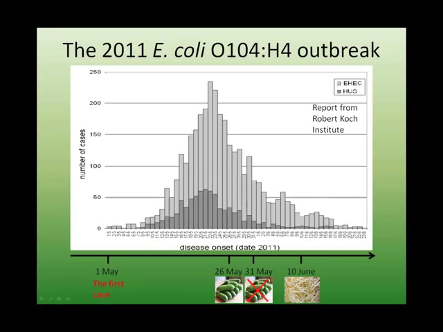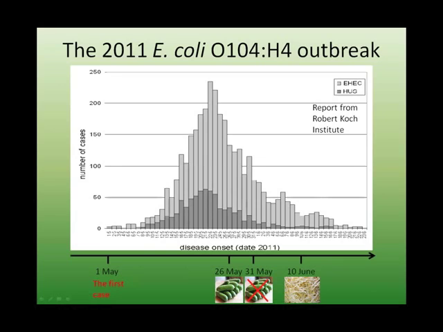The light gray bar indicates how many infected cases were reported per day. As you can see, on May 22nd, the reported cases reached a number of more than 200. On this day, the German health authority said, clearly, we are faced with an unusual situation.